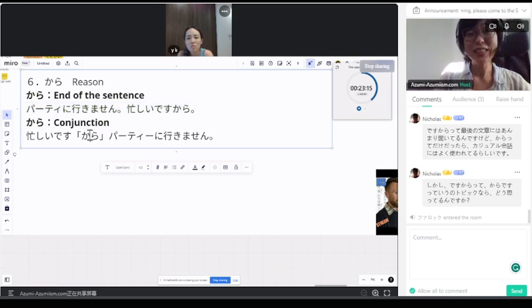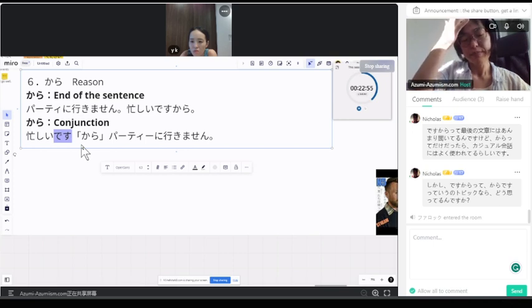Because that one you have to conjugate. In order to conjugate, you have to explain the short form. So 忙しいですから, generally speaking, we just say 忙しいからパーティーに行きません. For example, if it was a noun, not an adjective, 元気だから, blah blah blah. If it was a verb sentence, then 疲れたから行きません, so you have to make the short form.